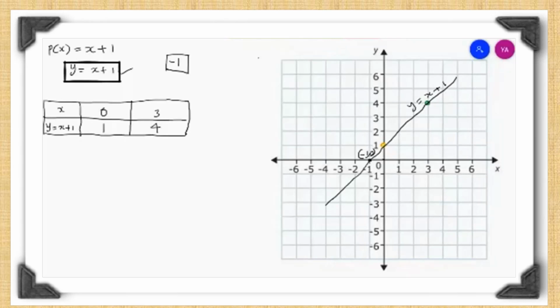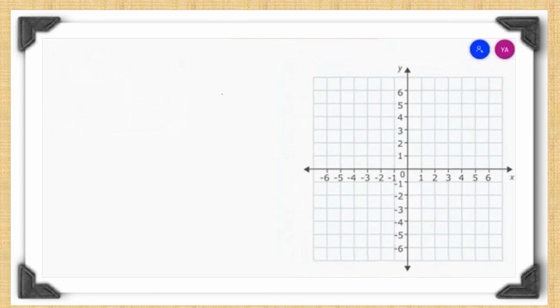So they are the same. That's the geometrical meaning of the 0 of a linear polynomial: the 0 of a linear polynomial is the x-coordinate of the intersecting point of the x-axis and the graph of the given polynomial.